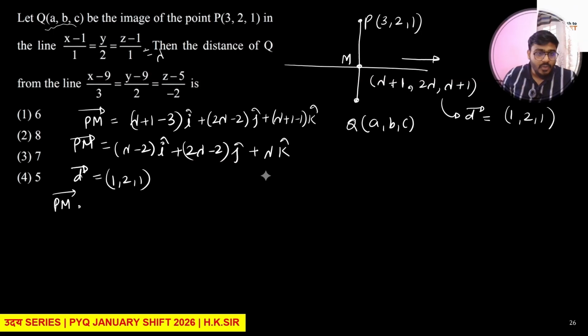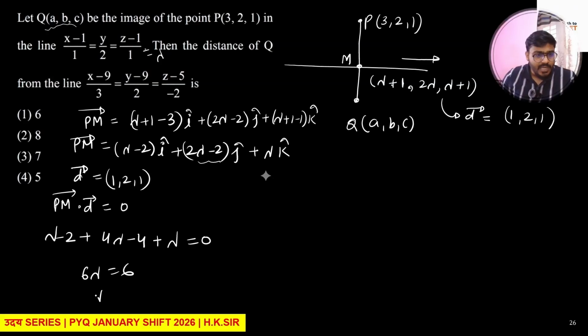So PM vector dot D vector equal to 0. So lambda minus 2 plus 2 into 2 lambda minus 2, that is 4 lambda minus 4, plus 1 into lambda, is lambda only, equal to 0. So 6 lambda equal to 6. From here lambda equal to 1.